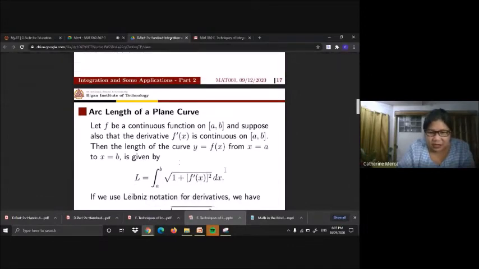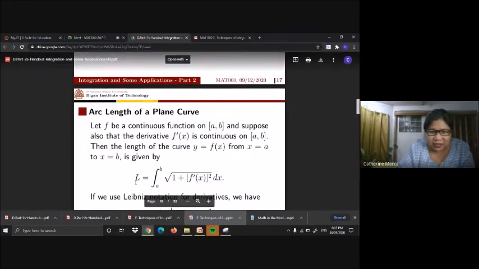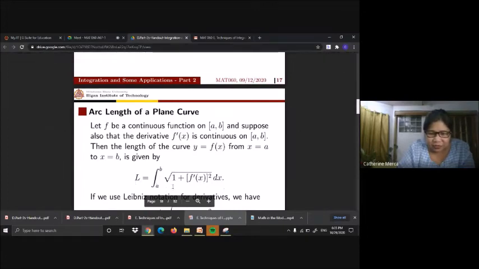The derivation is long, so we will skip the derivation. The length of the curve is equal to the integral of the square root of 1 plus f prime of x squared dx. If the function is defined in terms of y, then you will have the integral from C to D of the square root of 1 plus f prime of y squared dy.